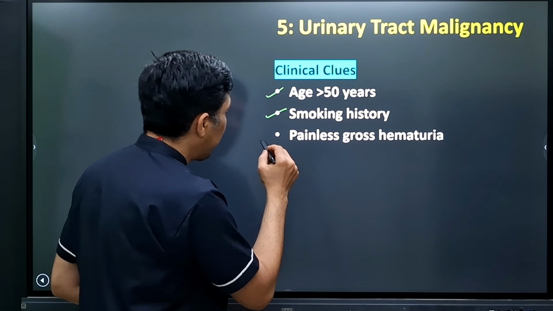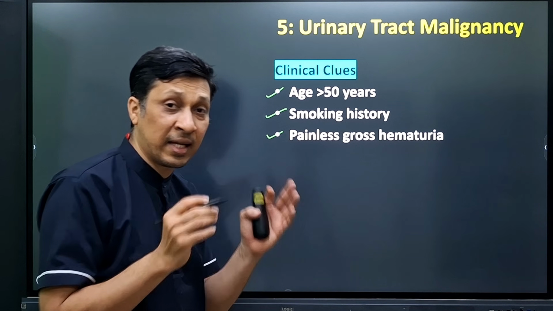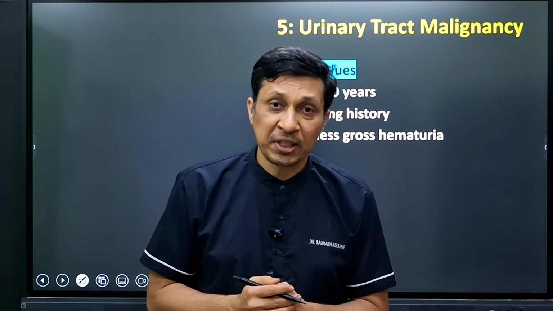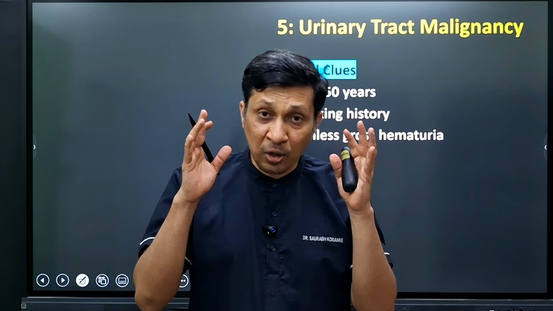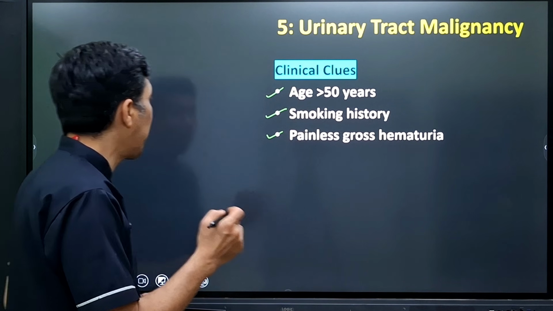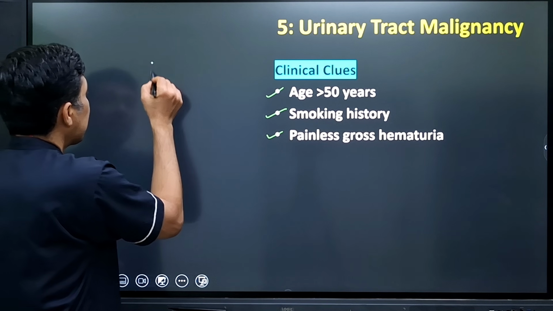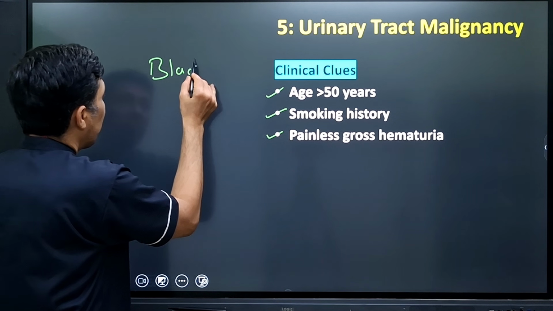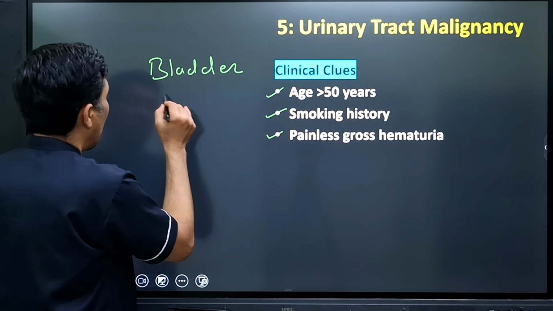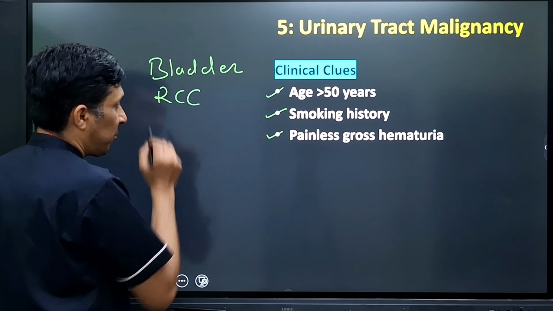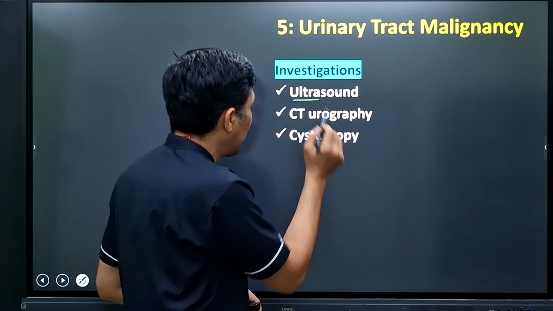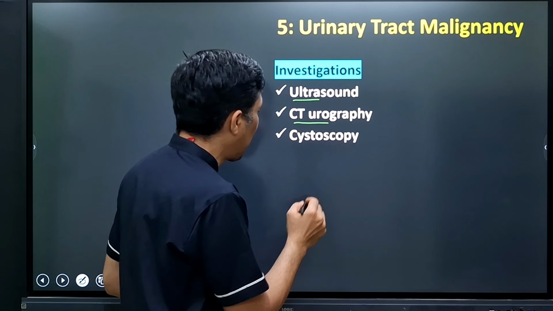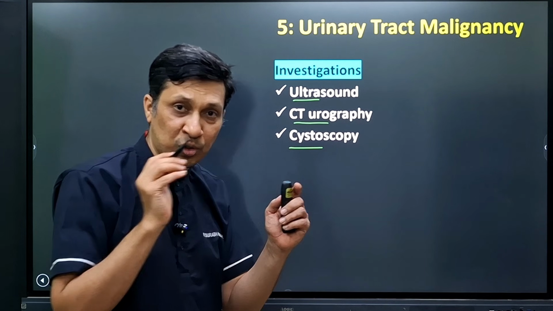An important complaint is that there is painless gross hematuria. Patient will not have any fever, any pain, and the hematuria will be a gross hematuria. And the common malignancies that you get are bladder cancer or renal cell carcinoma. Now the investigations required here are: one is ultrasound, second is CT urography, and also cystoscopy.